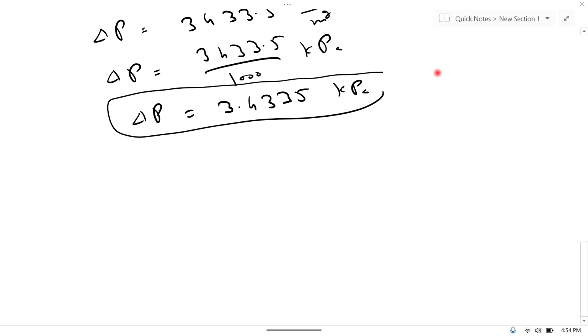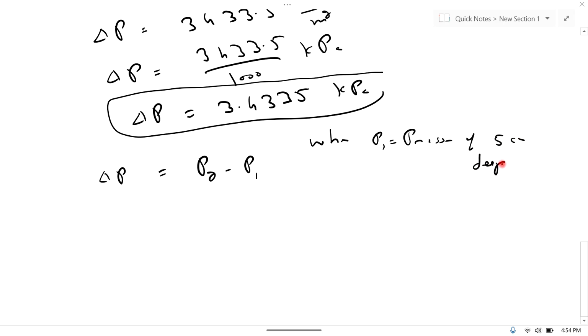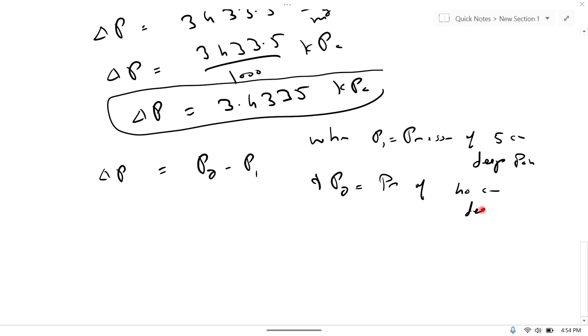Now we can easily find P2, the pressure at the deep pan, which is 40 centimeter. Delta P is equal to P2 minus P1, where P1 is the pressure of the 5 centimeter deep pan and P2 is the pressure of the 40 centimeter deep pan, and in the deeper pan the pressure will be more. So P2 is equal to delta P plus P1.